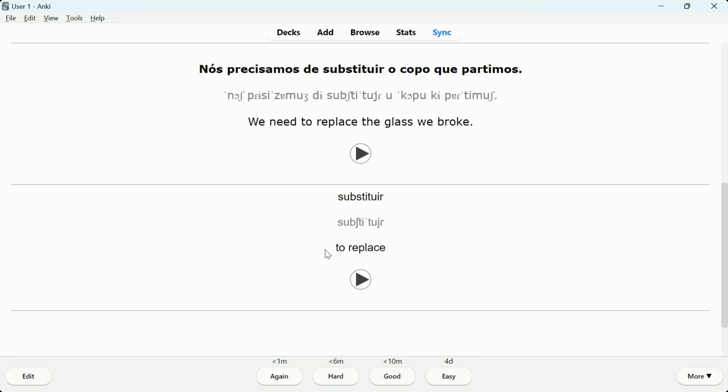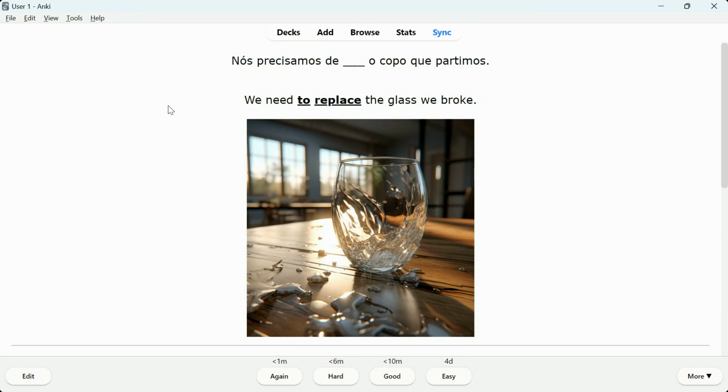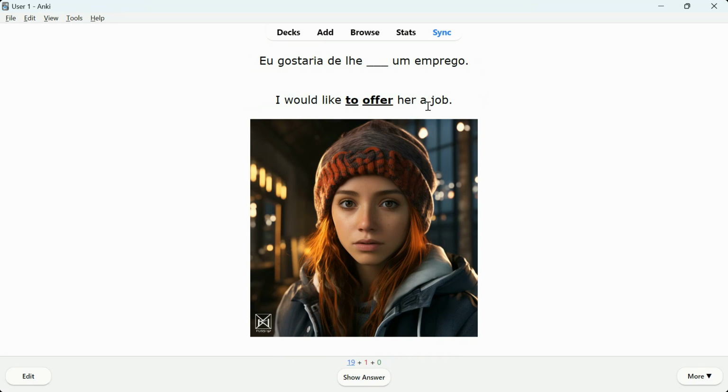So knowing the full verb form is the basis of everything, and once you know that, it's easier for you to conjugate them and use them according to different contexts. So to replace, of course, full verb in Portuguese as well, and let's listen to it. Substituir.